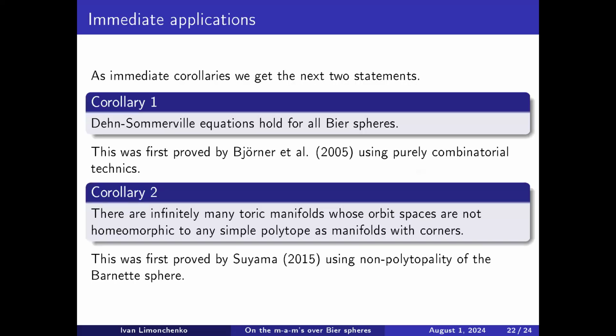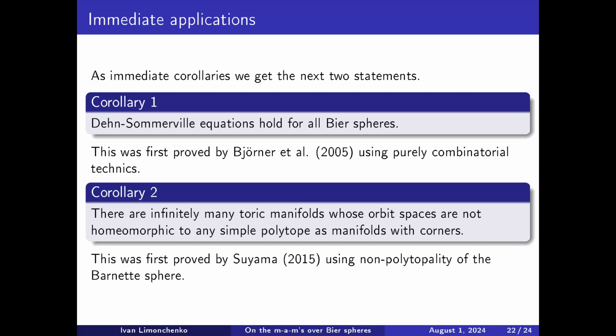And finally, regarding some immediate applications of these constructions, we have more, but for now I just wanted to mention briefly two corollaries. The first corollary, immediately from the construction of the toric manifold, is that the Dehn-Sommerville equations hold for all Bier spheres. Of course, this is not a new result, since Dehn-Sommerville equations are known to hold for any simplicial sphere.